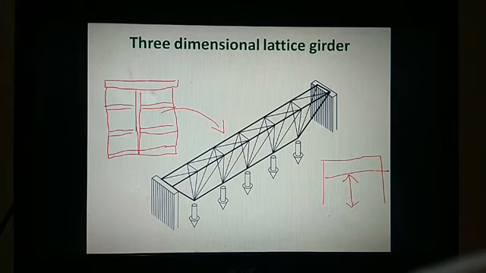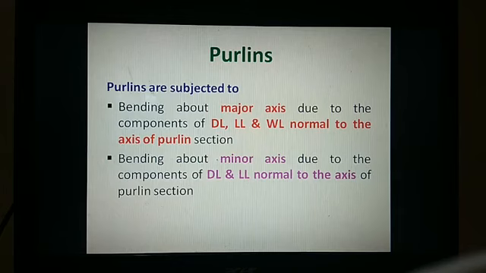Based on the application you have to decide where it can be useful. So these are the trusses, analysis of the trusses and different types of trusses.